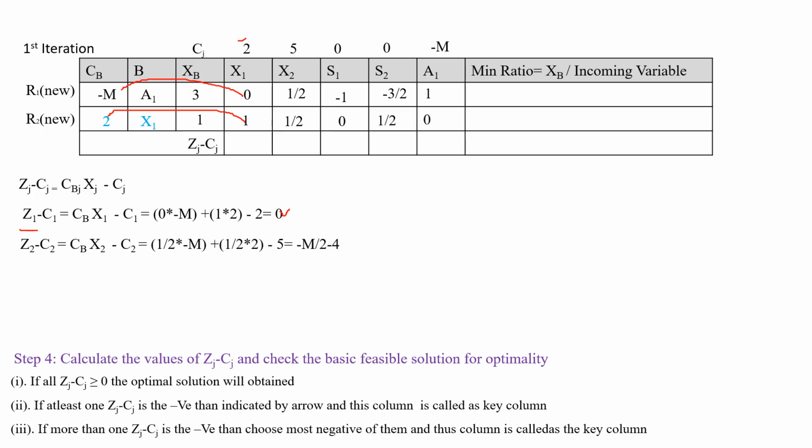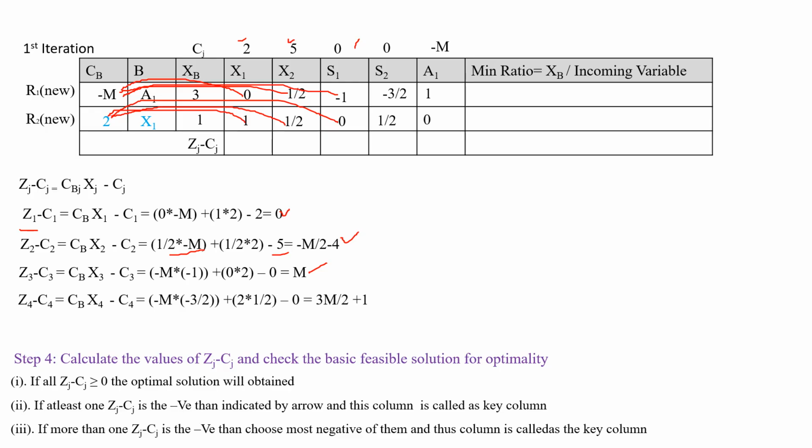Next Z2 minus C2 is 1 by 2 into minus M plus 1 by 2 into 2 minus 5, and this value is minus M by 2 minus 4. Next Z3 minus C3 is minus 1 into minus M plus 0 into 2 minus 0, and this value is M.